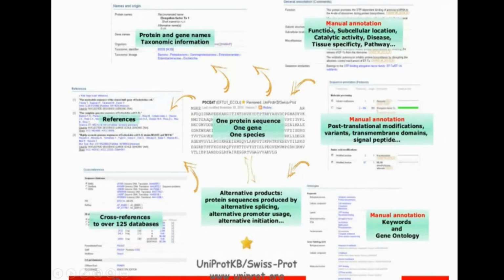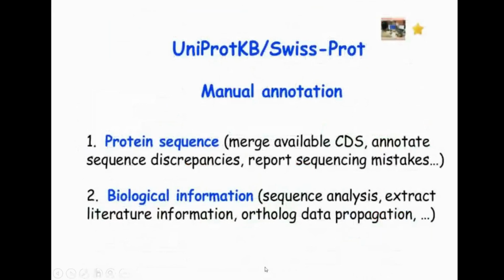Okay. So I have written here manual annotation. All the annotations are manually reviewed when the sequence moves to the Swiss-Prot. So UniProt KB Swiss-Prot manual annotation. Manual annotation में आएगा आपका protein sequence curation and biological information curation.